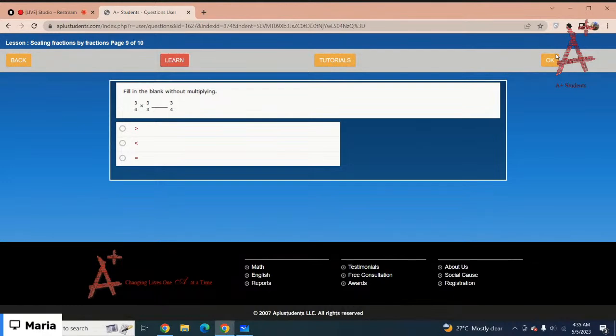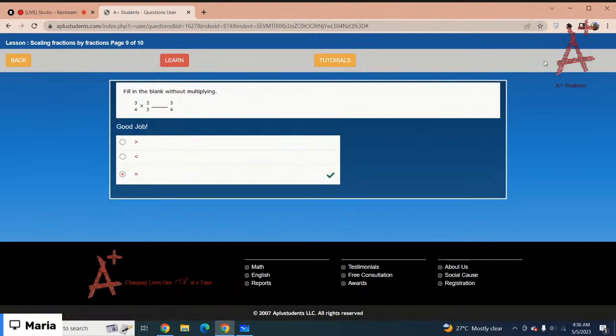Three over 3 means 1. So that means 1 times 3 by 4 is 3 by 4. So they both are exactly equal. The correct option is equal.